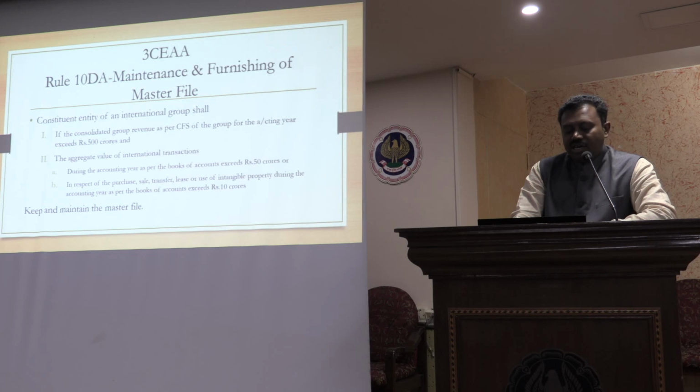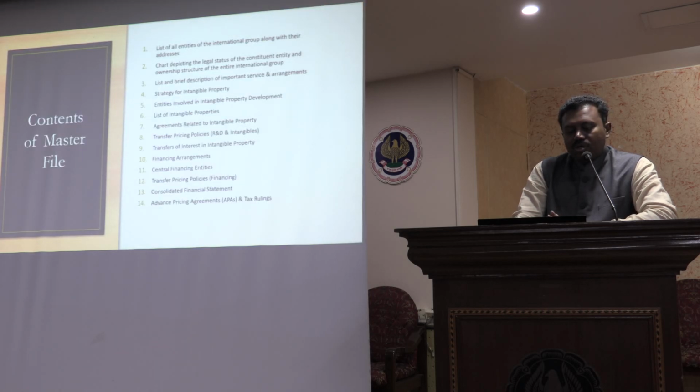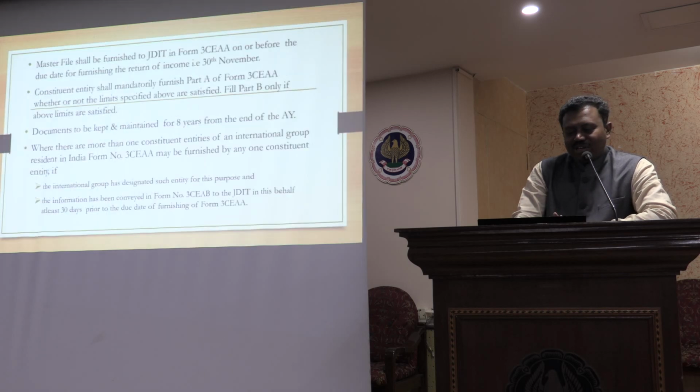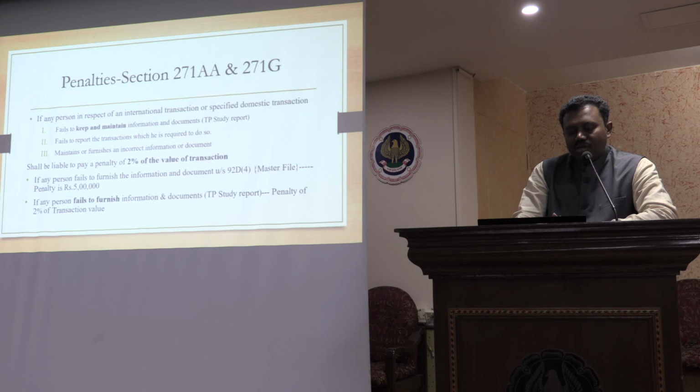Then the entire 3CEA gets reported. Assume only 50 crores is satisfied, 500 is not there. You find only part A, part B you don't find. Contents of the master file are there. I would not read it for you, it is self-explanatory, you can go through this.